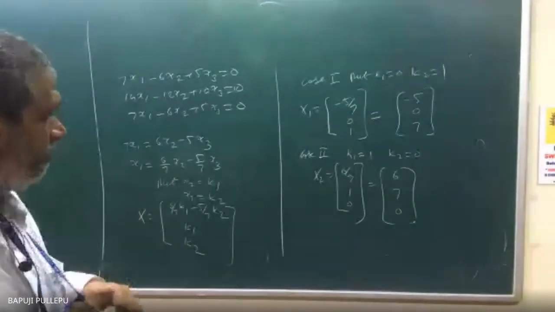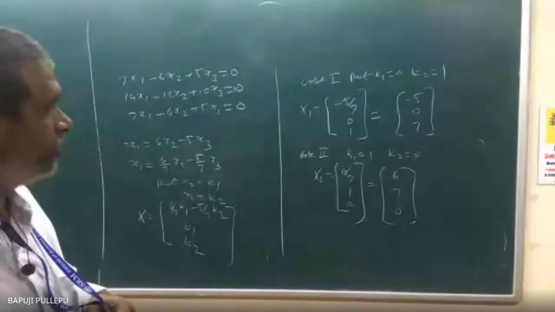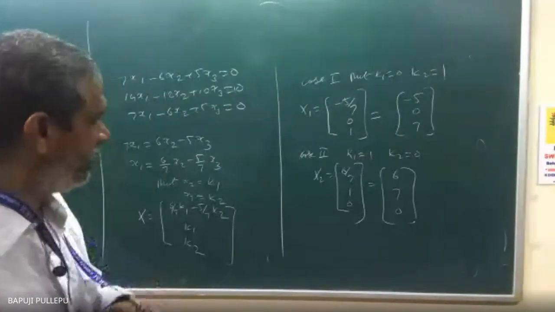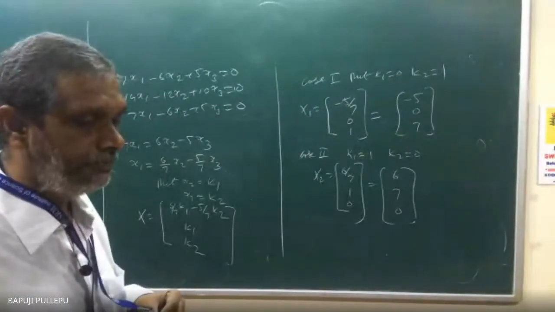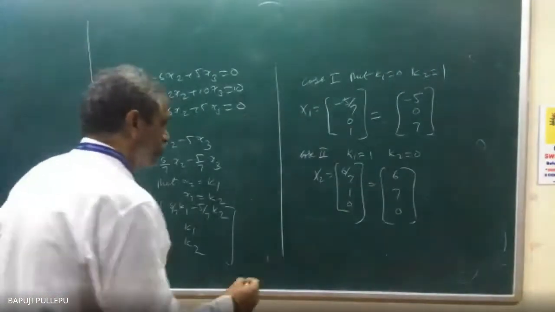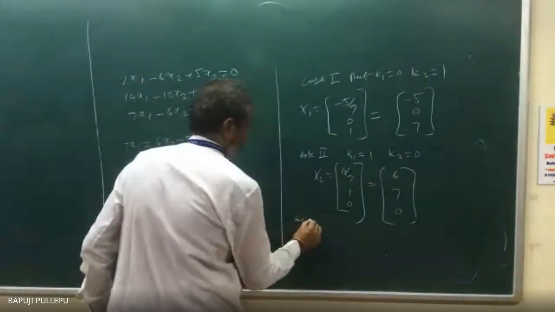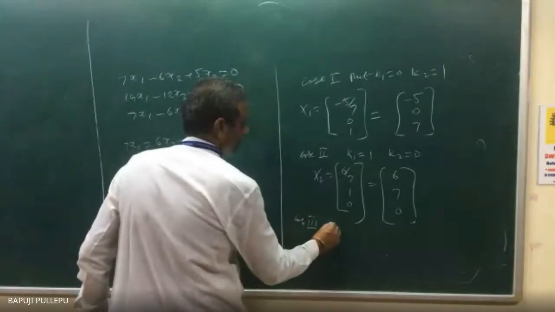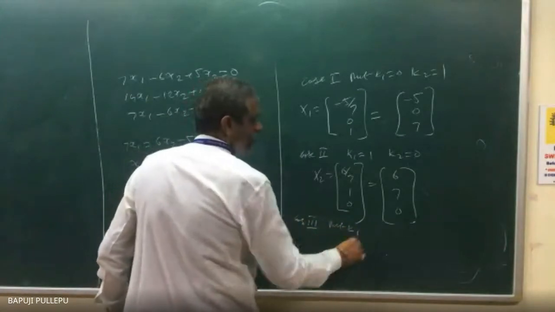K1 is equal to 1 because the denominator is the same, 7. So put K1 is equal to 5, K2 is equal to 6. What will you get? Tell me. 0 or not? 35, 30 by 7. Both 0. So what you said is also correct, don't worry, but I will choose this method only. Case 3: you will get the same answer, don't worry.